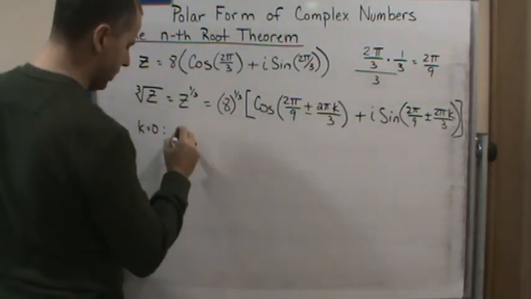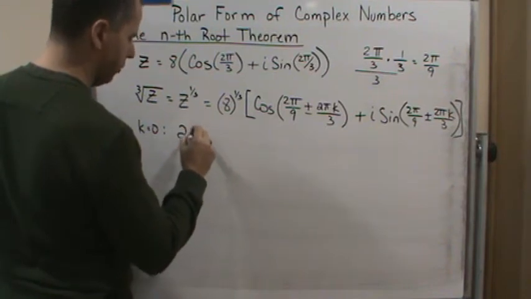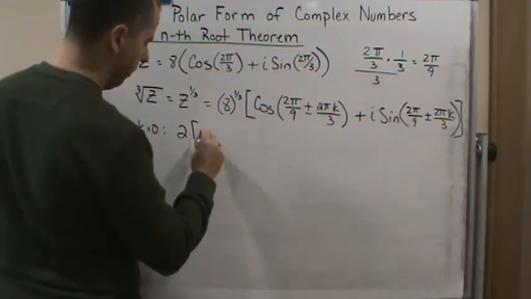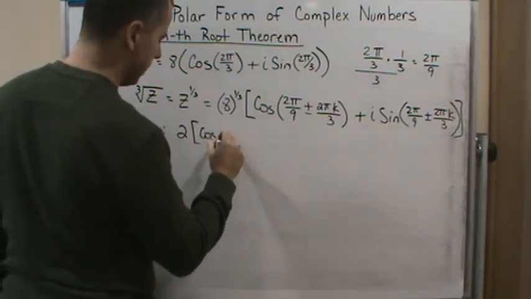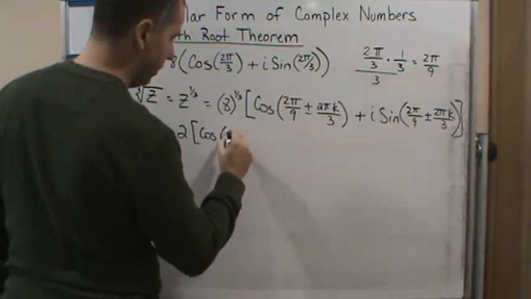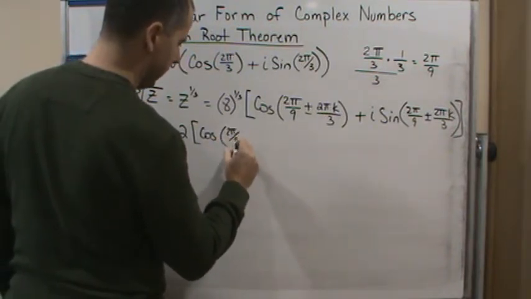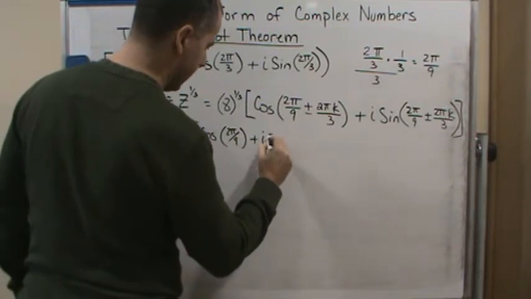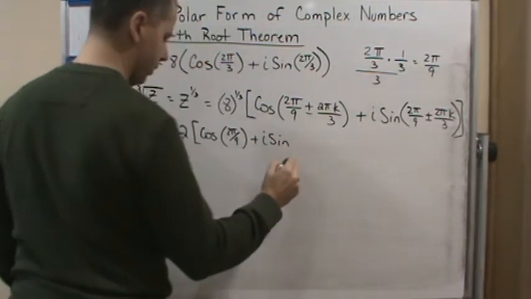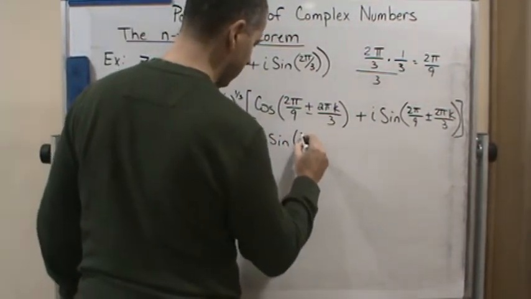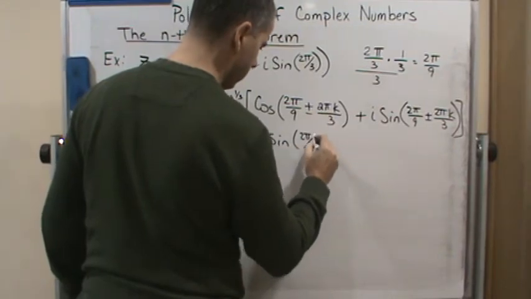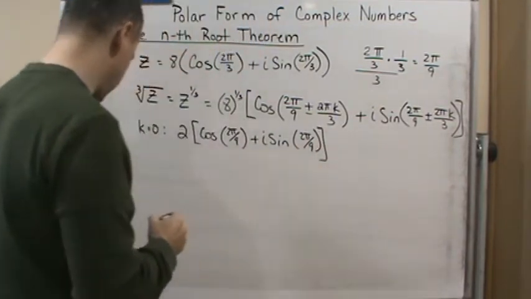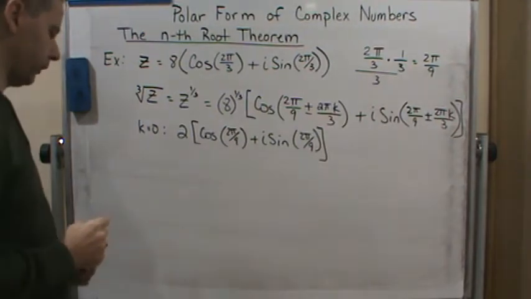So I'm going to get 2 cosine of 2 pi over 9 plus I sine of 2 pi over 9. Okay?